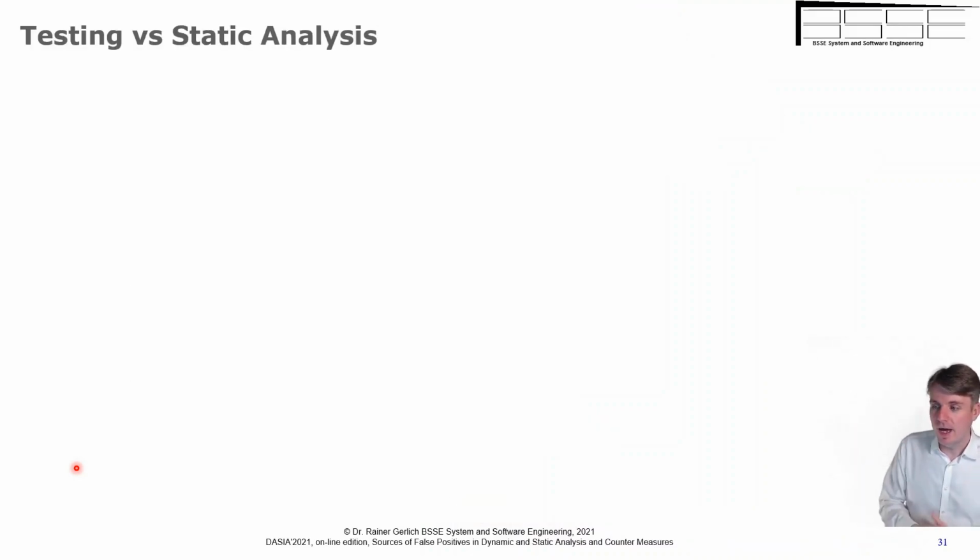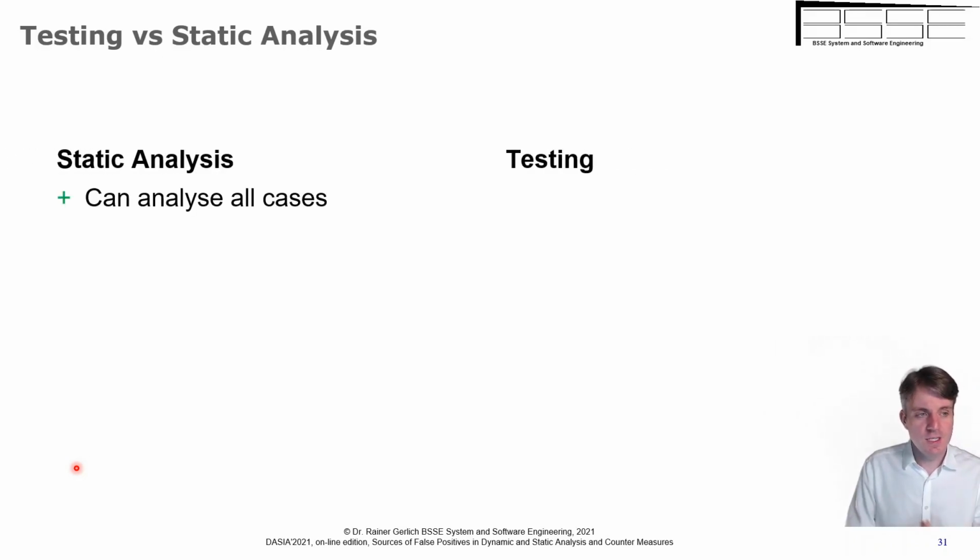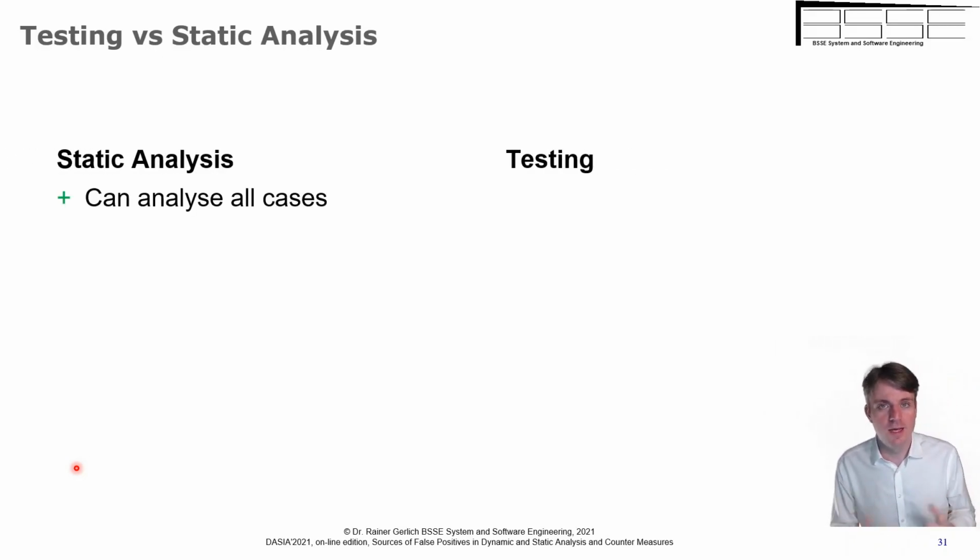So finally, I would like to make a little comparison between testing or dynamic analysis and static analysis. We've seen that static analysis can analyze all cases in which software or a piece of software can be used simply by looking at the whole input domain.